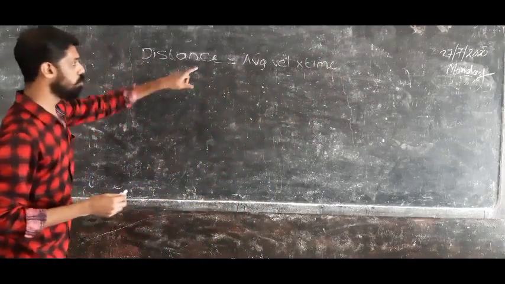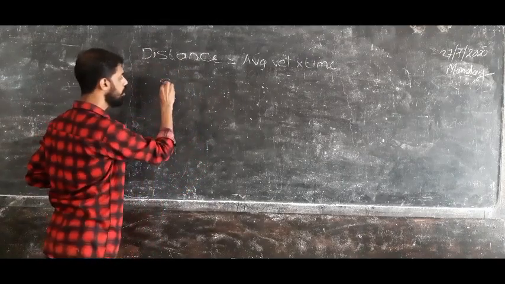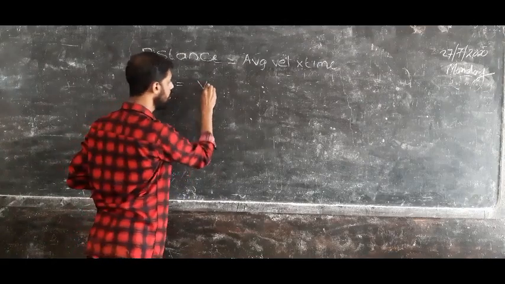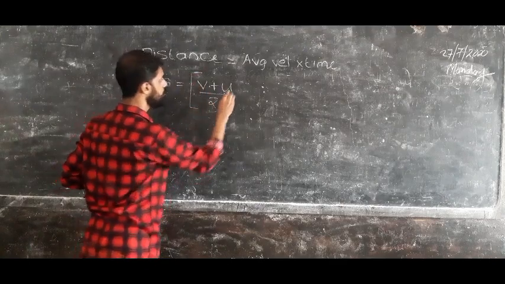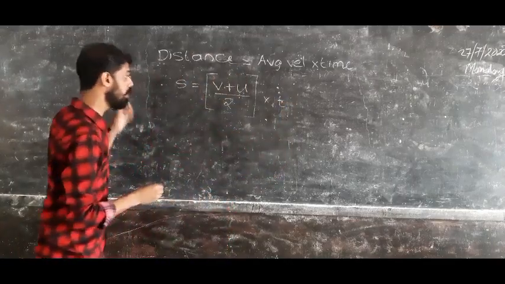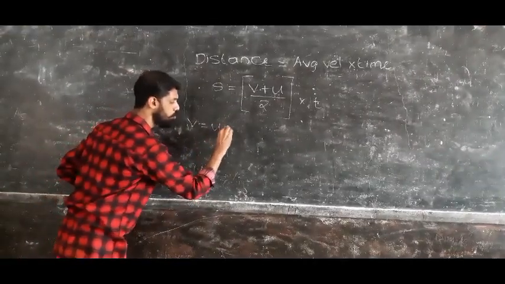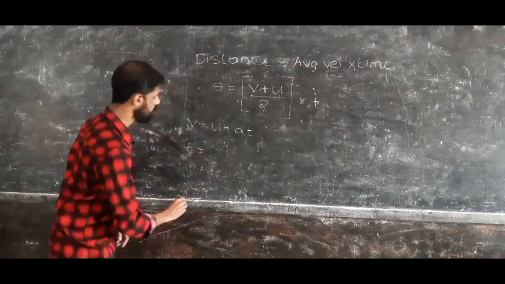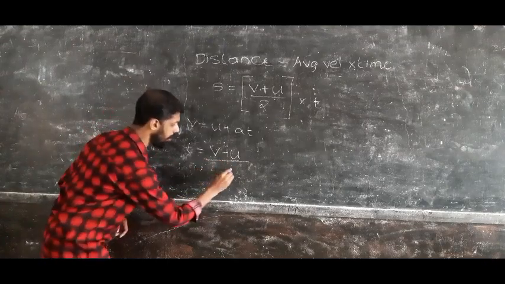Now we are going to derive the next equation. Distance is denoted by the letter S. So S equals average velocity, which we have seen is v plus u divided by 2, multiplied by time, denoted by t. Now from the first equation, v equal to u plus at, we can write t equal to v minus u divided by a.